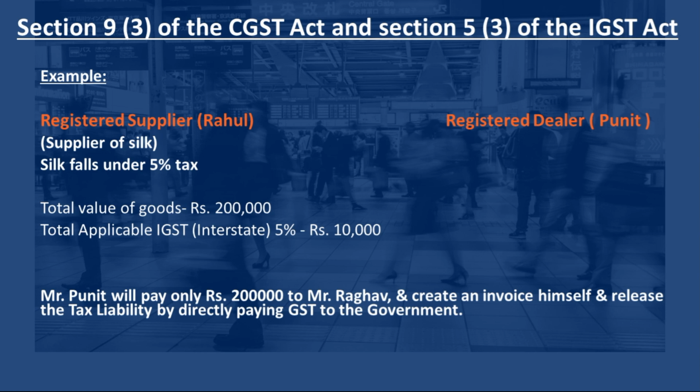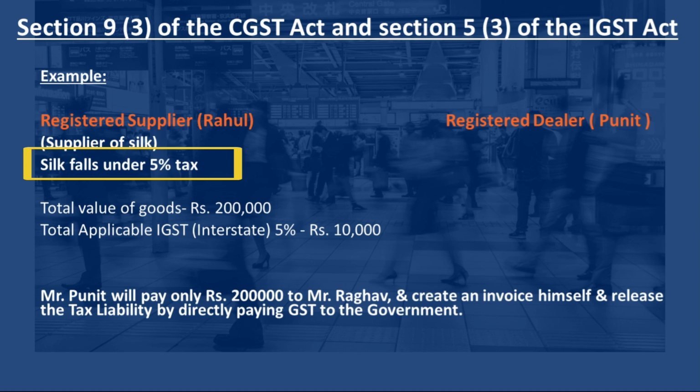Examples of goods which come under this category are silk, raw cotton, used goods, waste and scrap materials, etc. अगर ऐसे गुड्स को हम परचेज करते हैं तो उस केस में रेसिपिएंट को ही टैक्स पे करना पड़ेगा डायरेक्टली टू द गवर्नमेंट. फॉर एग्जाम्पल, राहुल इज अ रजिस्टर्ड सप्लायर ऑफ सिल्क. राहुल ने सिल्क बेचा पुनीत को जो कि है एक रजिस्टर्ड डीलर और जो भी सिल्क बेचा है वो है ऑफ वर्थ रुपीज 2 lakhs.